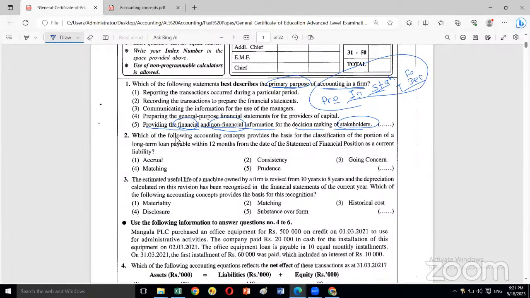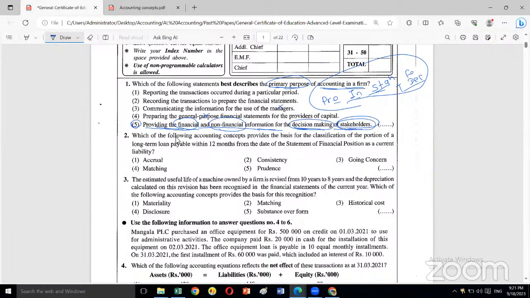So what is the main objective of accounting? Providing information to the stakeholders for their decision making. Not only the managers, and not only preparing general purpose financial statements. The keyword is decision making.